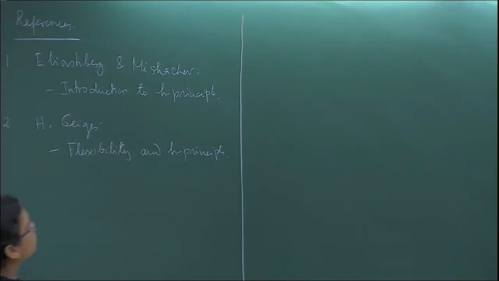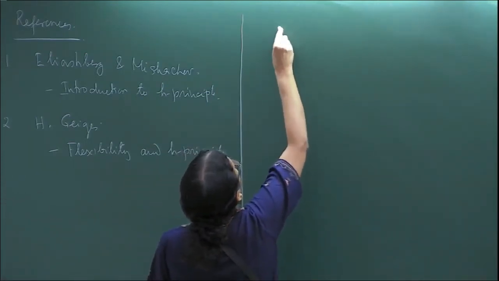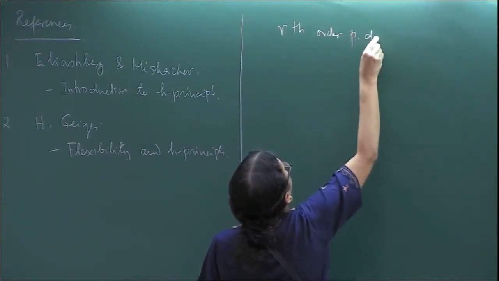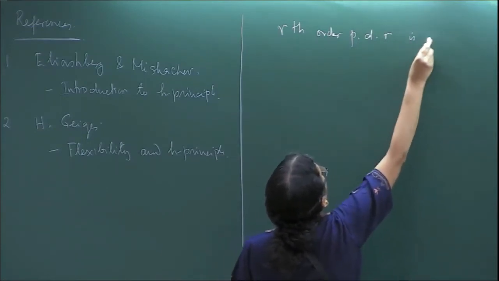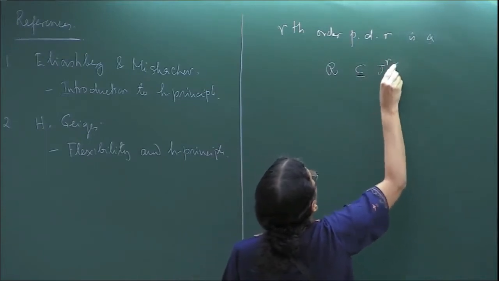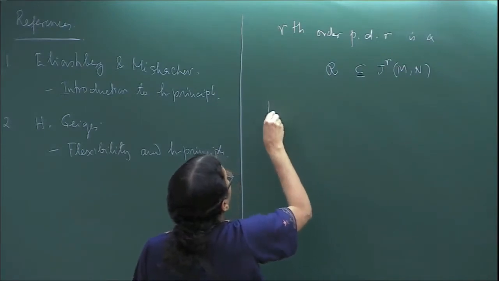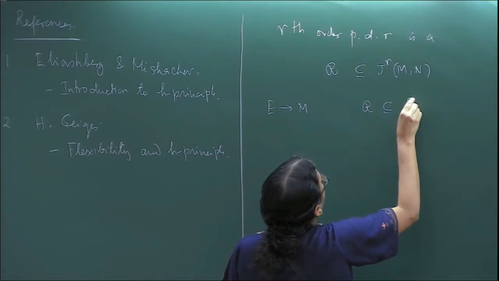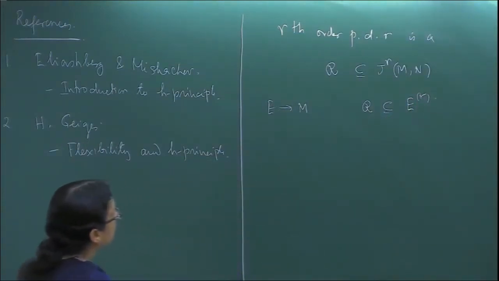So I quickly recall the definitions. An nth order partial differential relation, or simply a relation, is a subset R in the R-jet space. And if we are considering fiber bundles over M, then R would be the jet space of the sections. That was our notation.